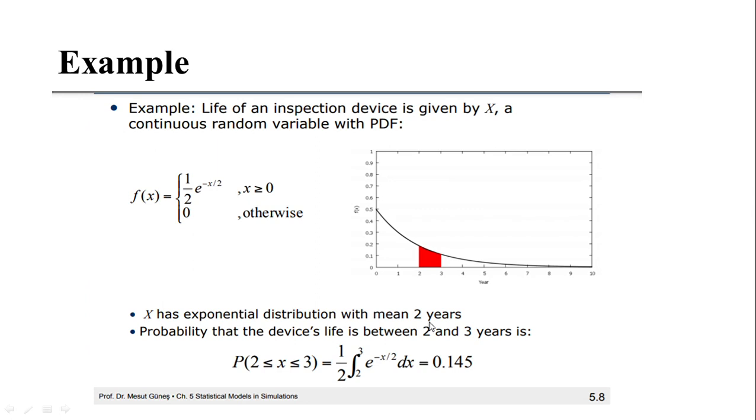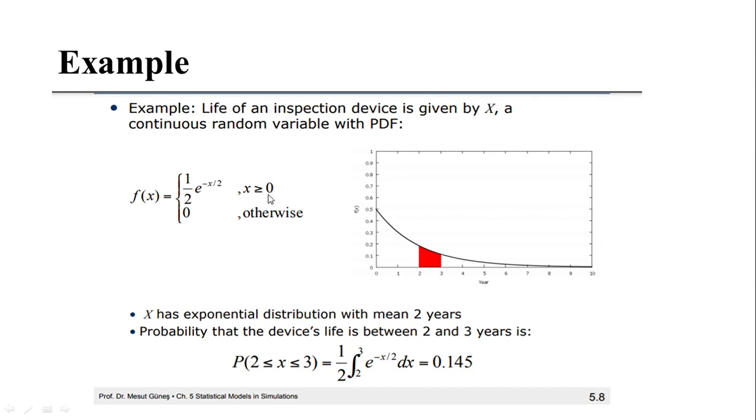The example is on the life of an inspection device, given by x, a continuous random variable with a probability density function. Our probability density function is f of x equals one half e to the power minus x over 2, where x is greater or equal to 0, and 0 otherwise.